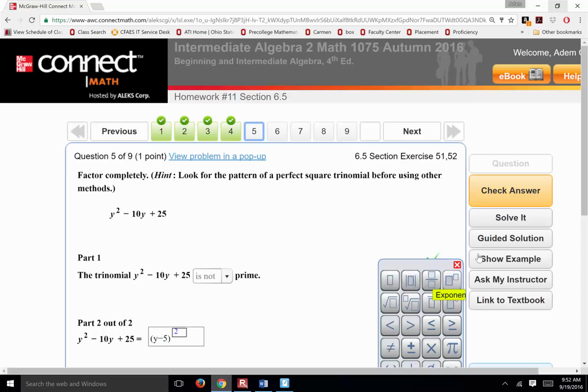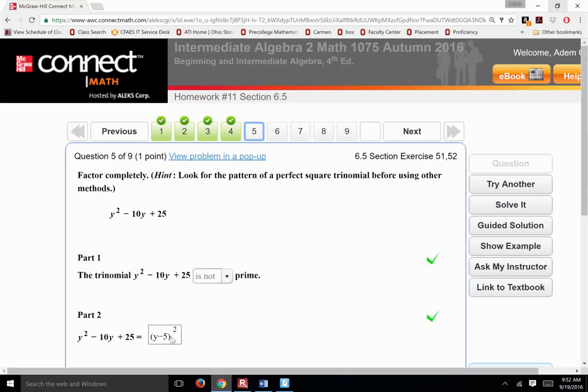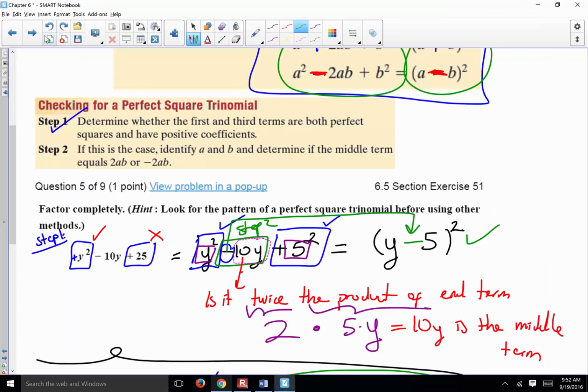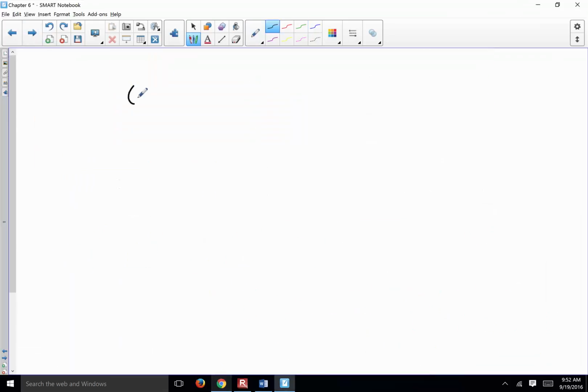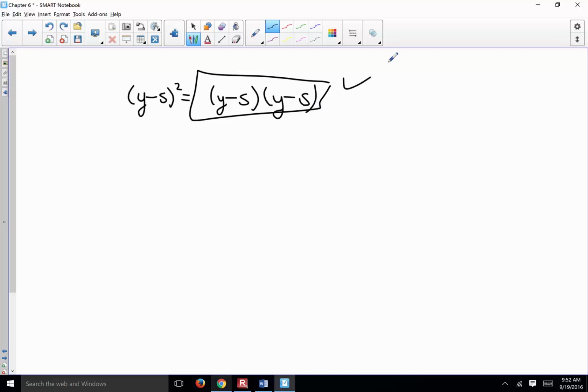Make square. I think it's going to like this one. The other option is you can write this y minus 5 squared as y minus 5 times y minus 5, and this is also correct. I like this one too. You can separate this into two pieces, okay? Isn't square means double whatever you have under it, right? So I doubled it. We're good.